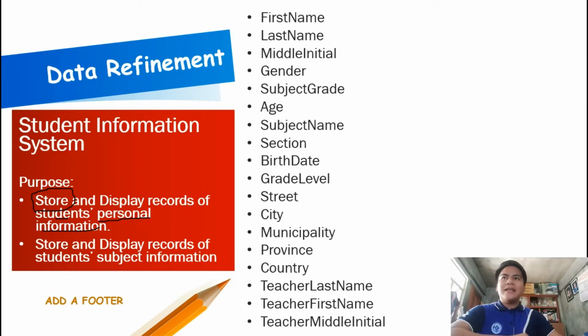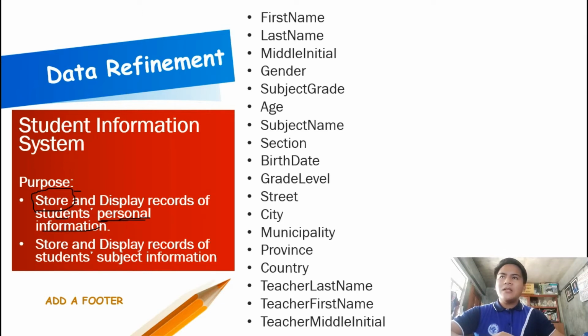Kailangan ba natin ng lalagyan? Yes. Anong pangalan ng lalagyan? Personal information. Because of the word store. So, anong pangalan ng ating first table? Personal information. So, we identify already our first table, and that is the personal information based on our purpose.